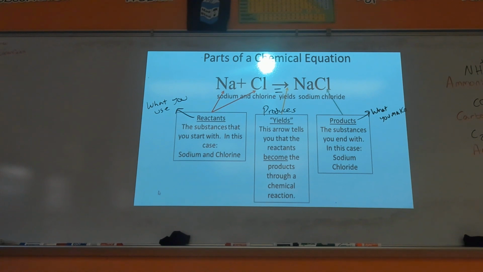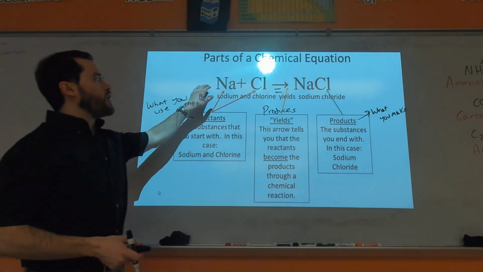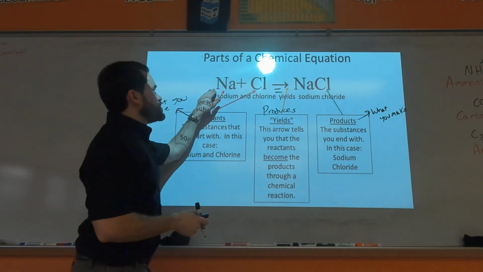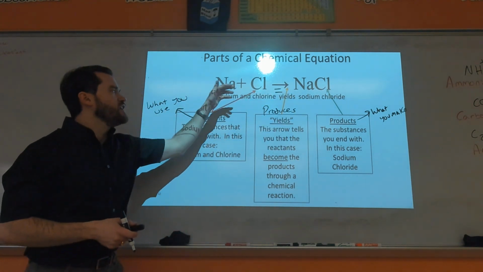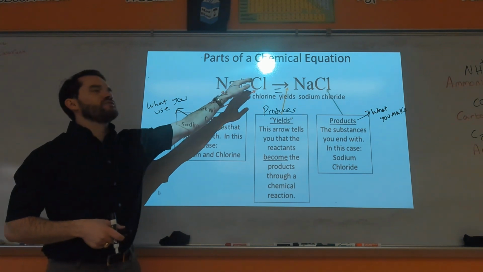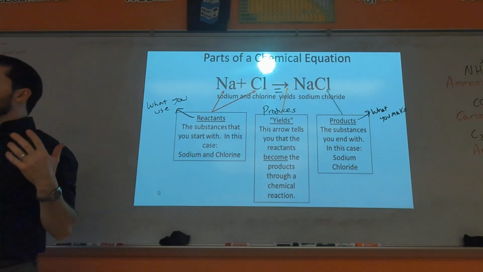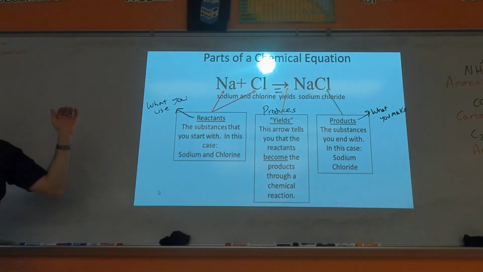Now, this happens to be all 1s, but you could have numbers in front where maybe you need 2 sodiums for every 1 chlorine. That isn't the case here because of the ionic naming. It all balances out, but you could have coefficients in front. I'll show you some examples of that later on.